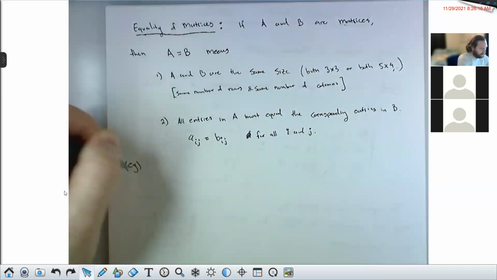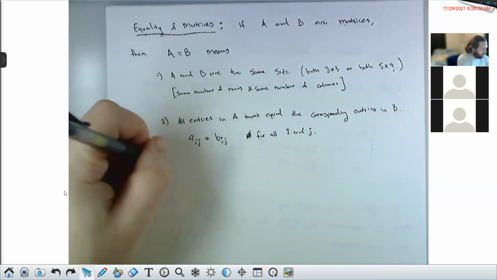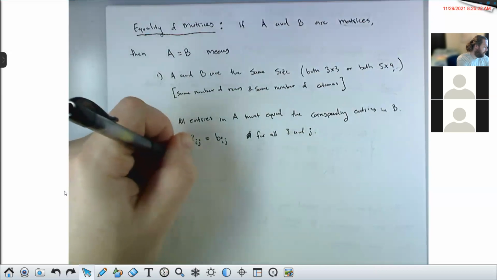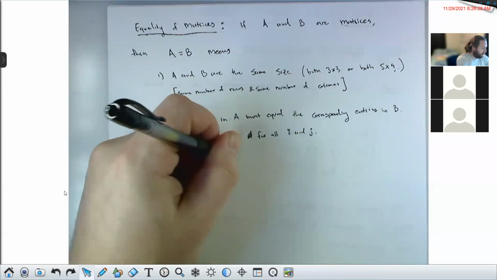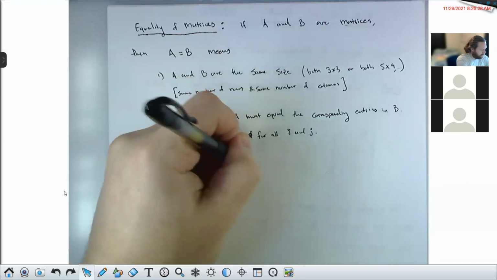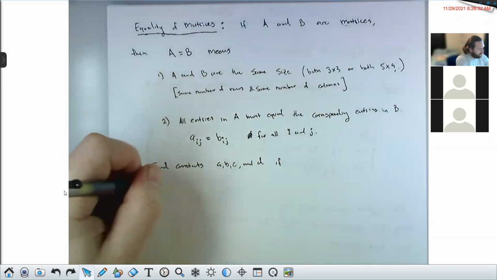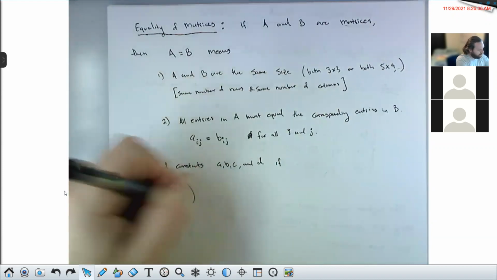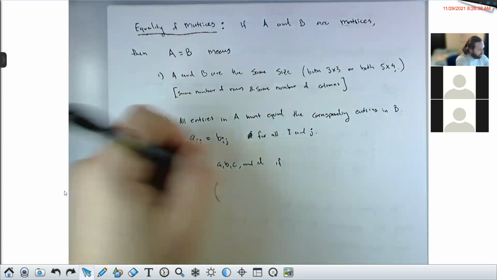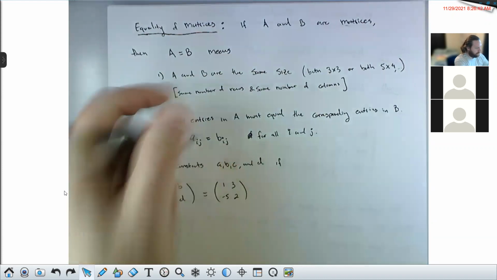Okay, so for example, I want to find the constants little a, little b, little c, and little d, if the matrix A, B, C, D is going to be equal to the matrix 1, 3, -5, 2.